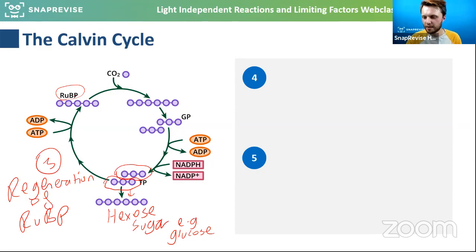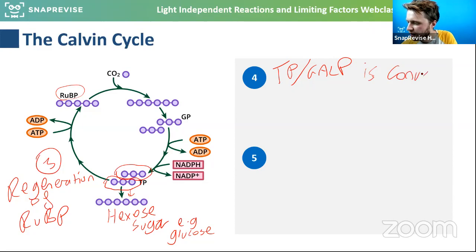Okay, but just to keep it simple for now, we can say that my TP slash GALP, whatever exam board you're doing, just write that one down. Don't worry about the other one, is converted into hexose sugars.